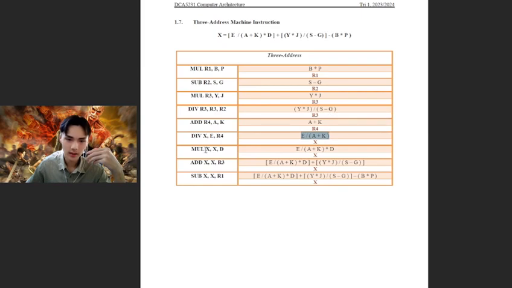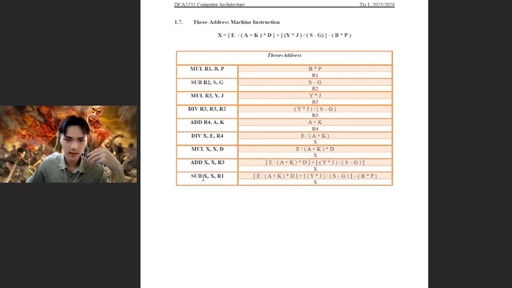And after that, we will be multiplying X with D. X previously is E divided by A plus K, and now it will be multiplied with D and will be stored in X as well. X later will be added with R3, also known as Y times J divided by S minus G, and will be forming this expression.